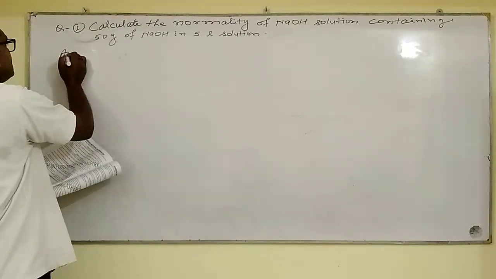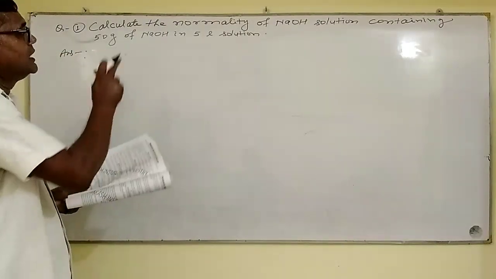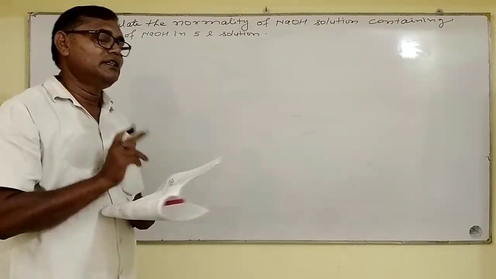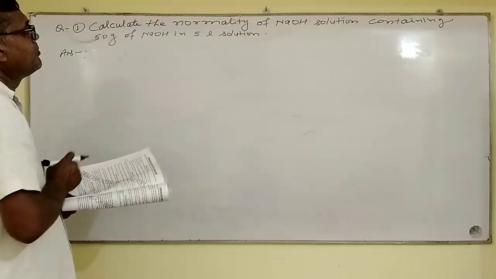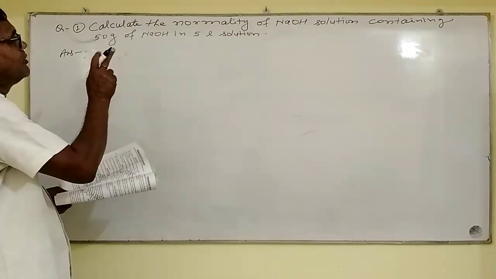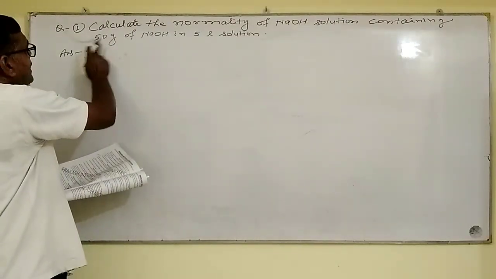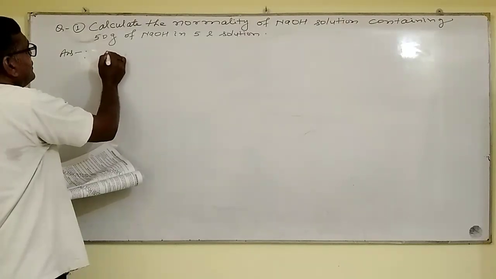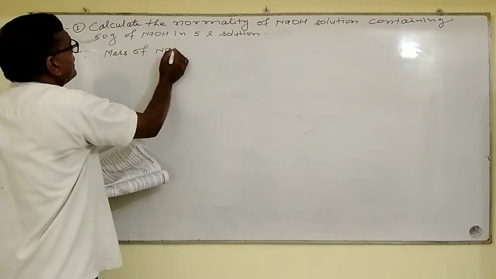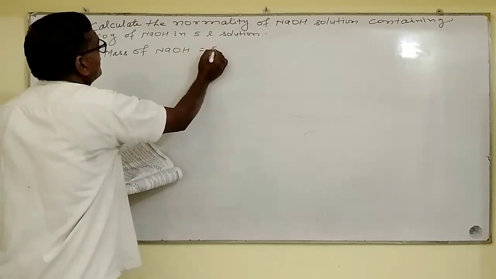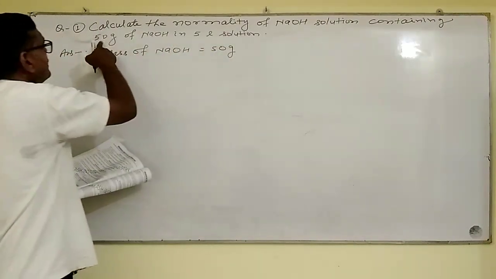In the question, NaOH is solute. The mass of NaOH in the question is 50 gram. We write here mass of NaOH is equal to 50 gram.